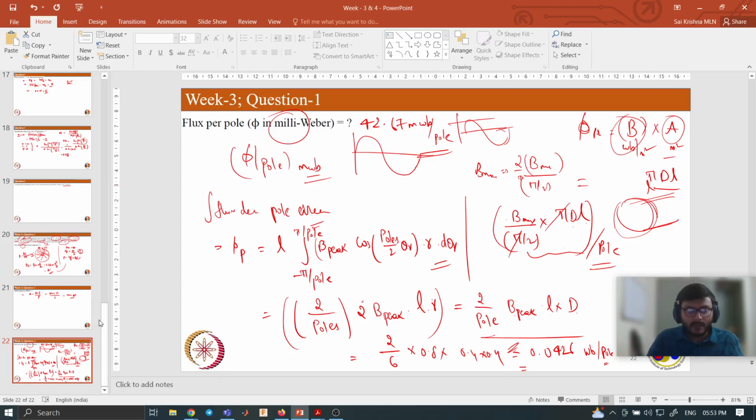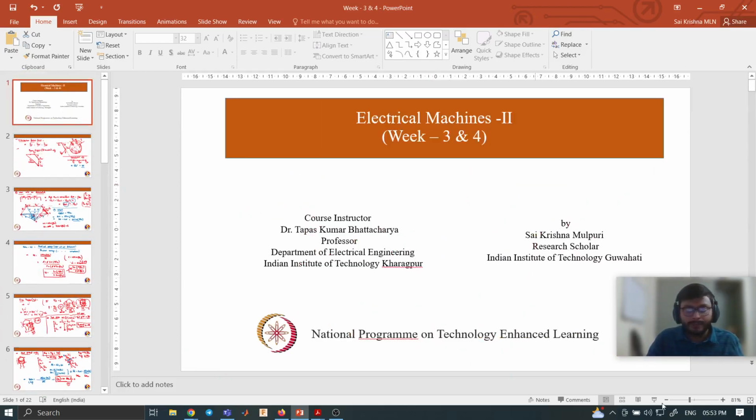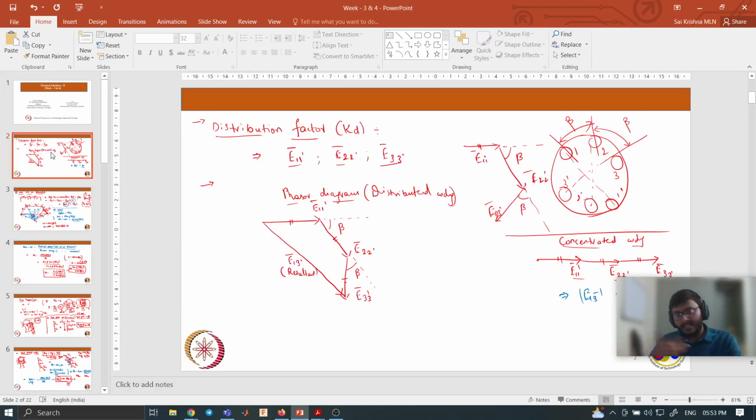I will just give a quick summary of what we have discussed today. We started with a basic understanding of terminology in a machine: what kind of factors and terminology we are going to use in a basic machine construction.